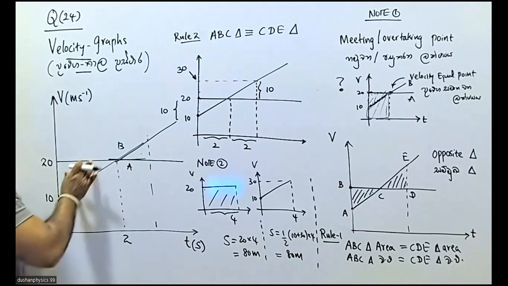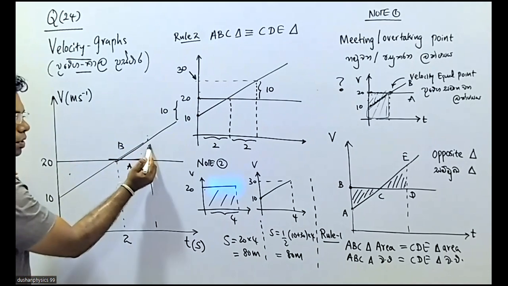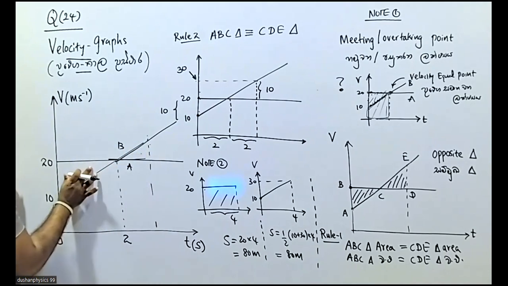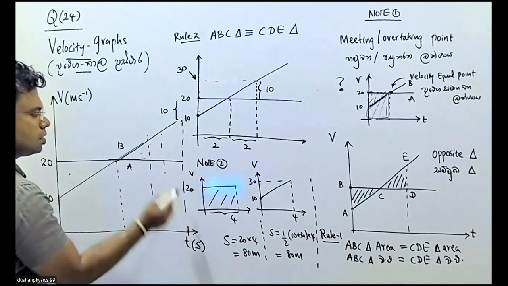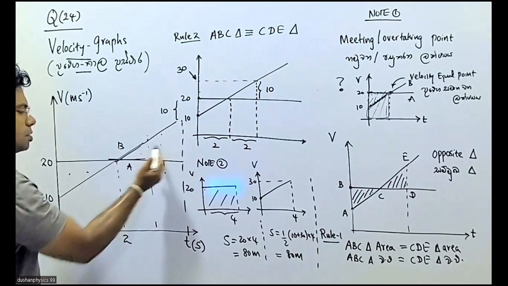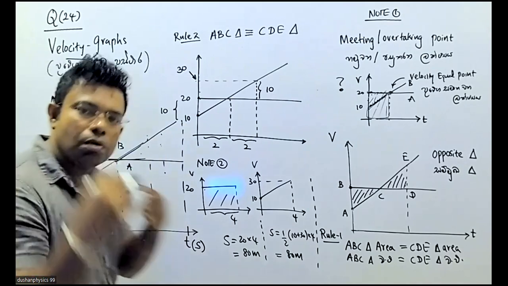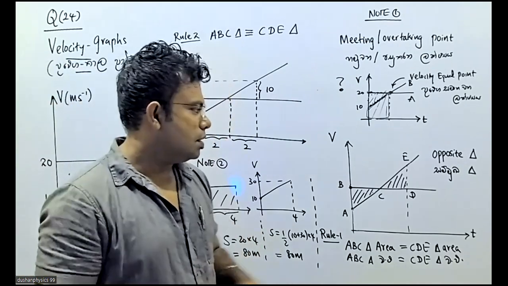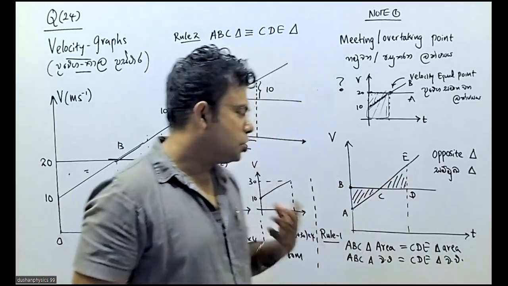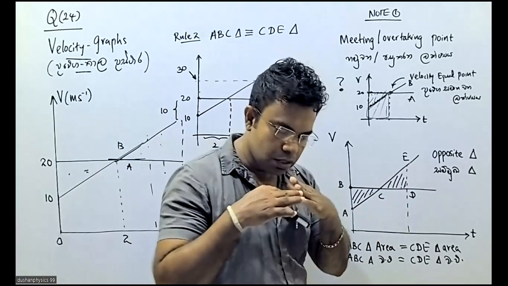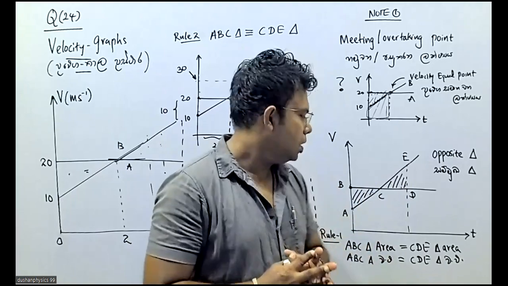Can it be this one? No, this is small, this is big. Can it be this one? No. When it comes somewhere here, yes, it's possible. So that is the important point: opposite triangles' area should be equal to each other.